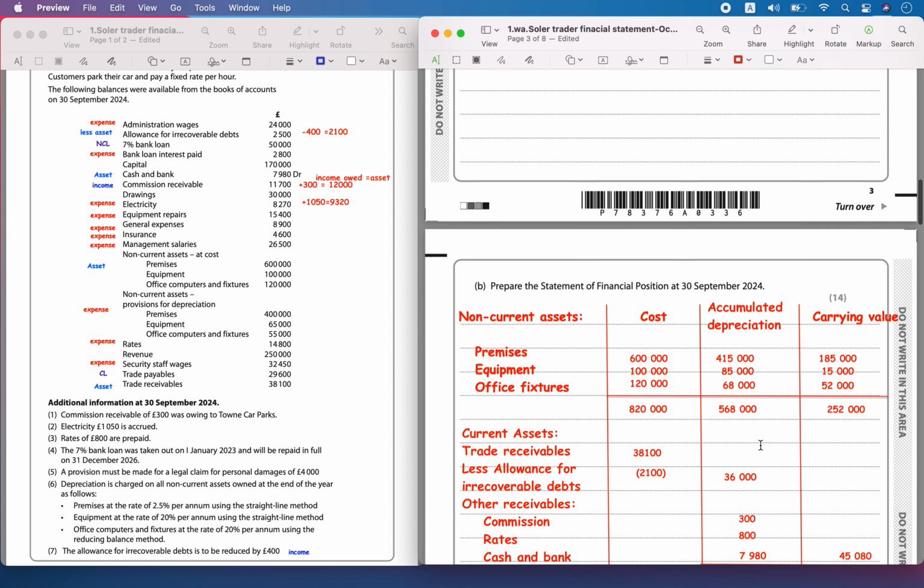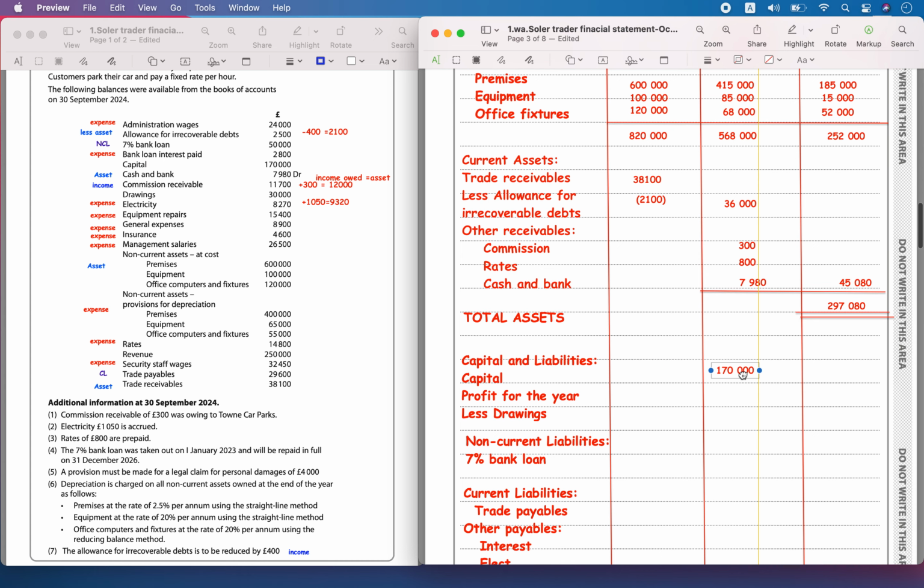Adding these two, the value is going to be 241,730.